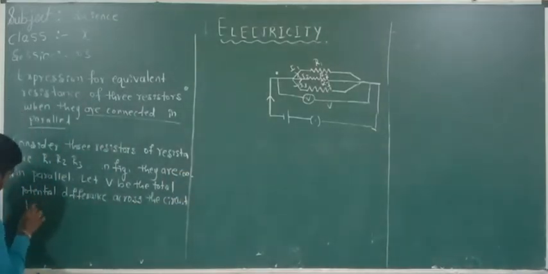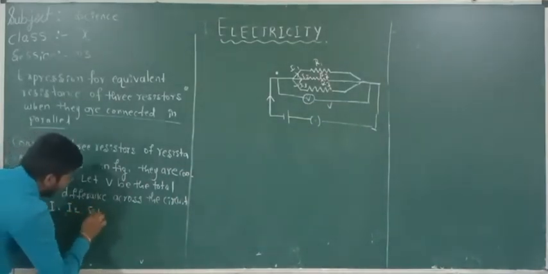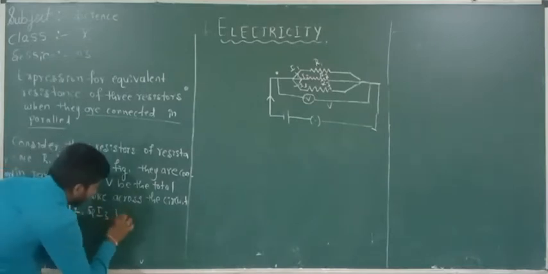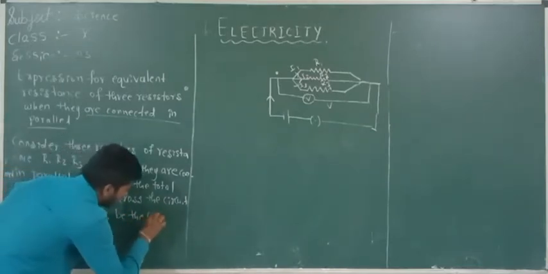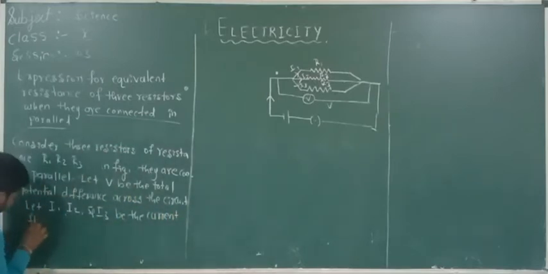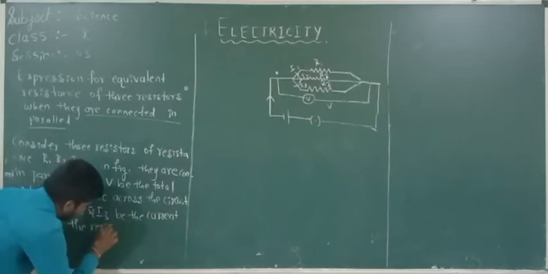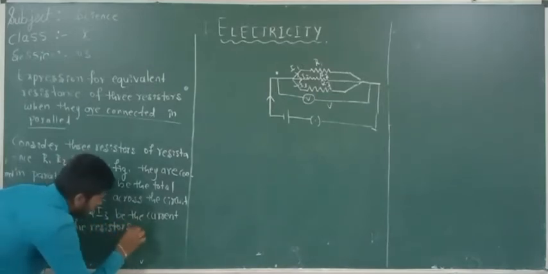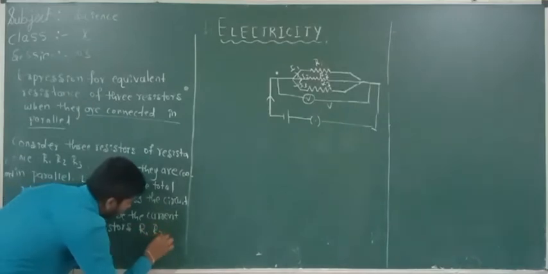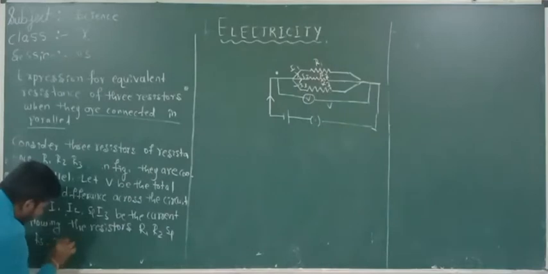Let I1, I2 and I3 be the current flowing through the resistors R1, R2 and R3 respectively.